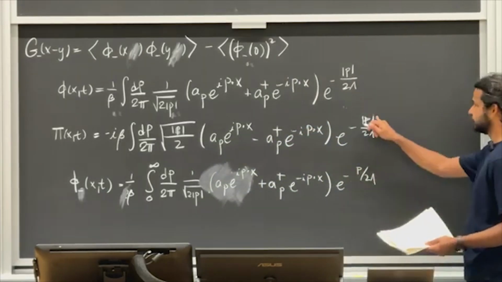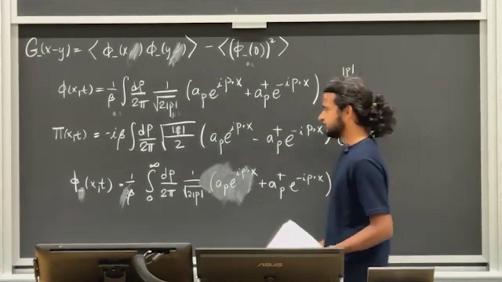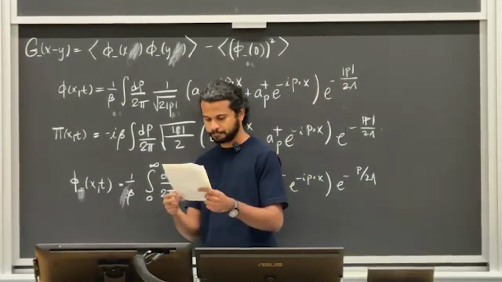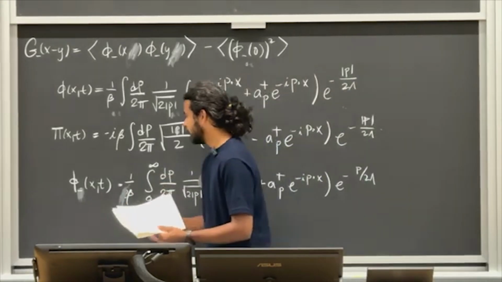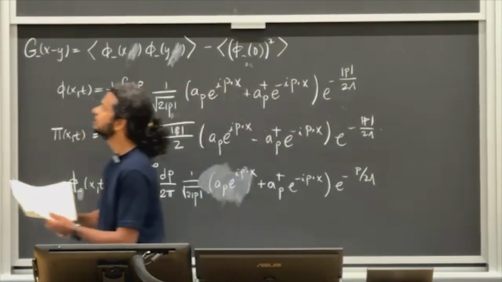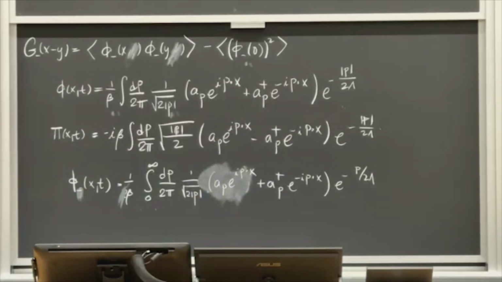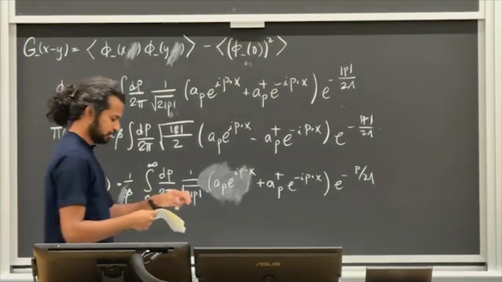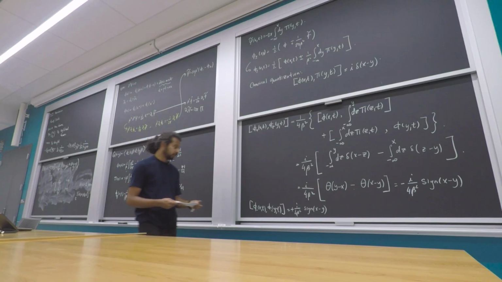I don't need an absolute value because it's positive. And something similar for phi plus, it will be minus infinity to 0. We had it similar for the other case as well.